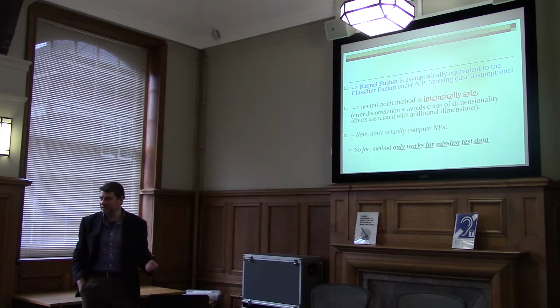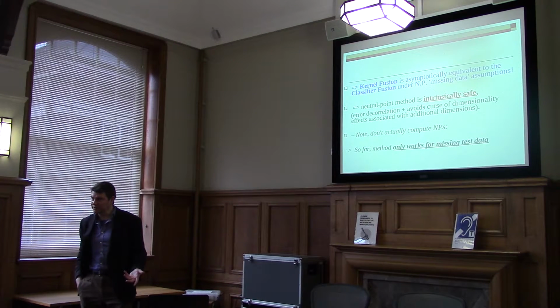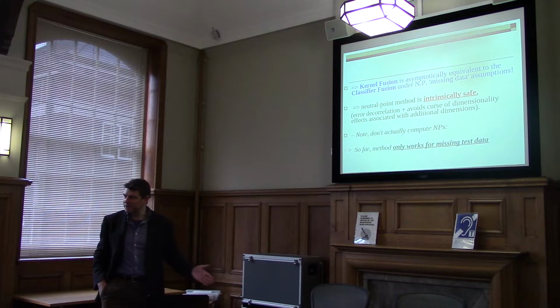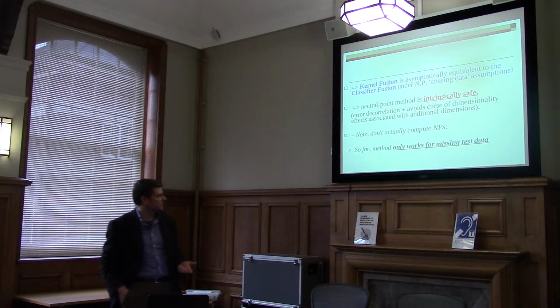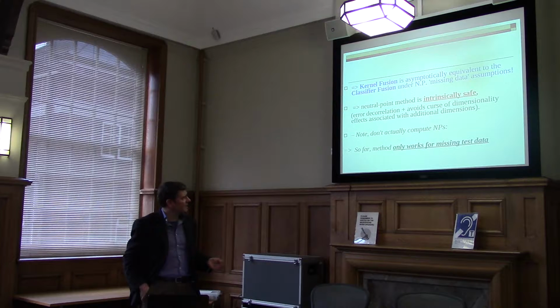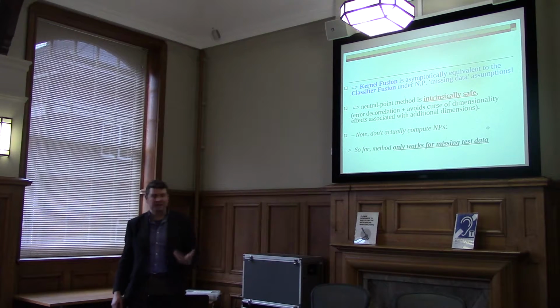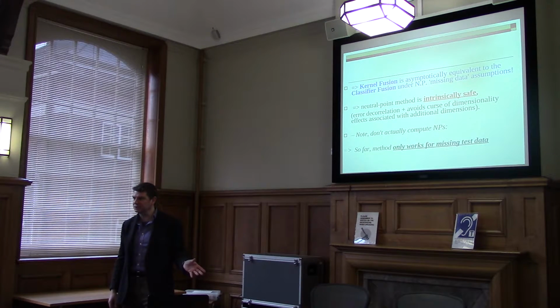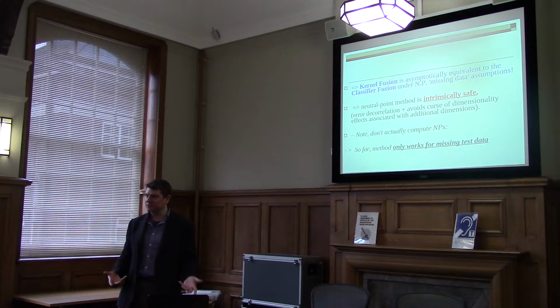It's very well behaved because of error decorrelation, so it's very robust to noise. So this means the asymptotic behavior is completely reasonable. Here, we haven't actually computed the individual neutral points themselves. We've just used a mathematical substitute, just to see what would happen in this worst case scenario.